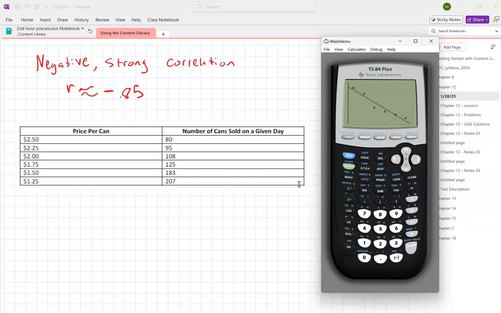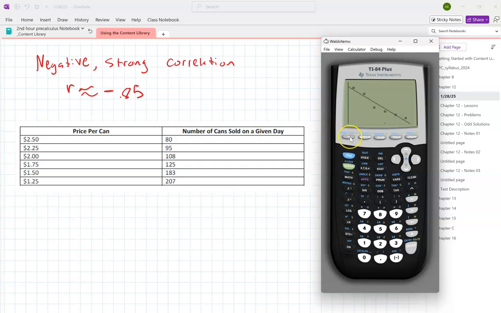Assuming that this situation, where we're pricing some cans of pop and looking at the number of cans sold, we can use this to make a prediction. Say, for example, I wanted to predict how many cans I would sell if I charged 50 cents a can. Right?